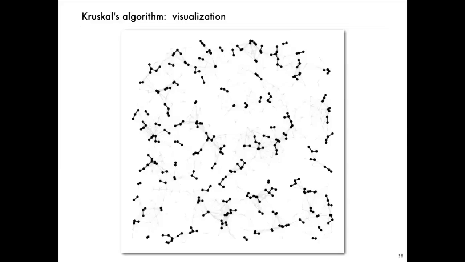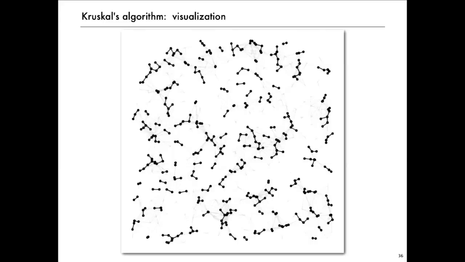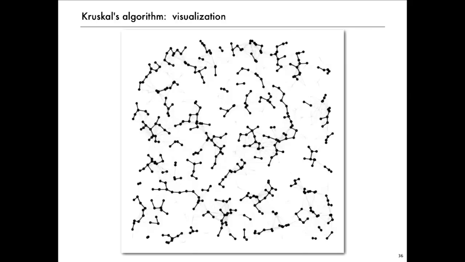And after a while, if you look at the larger clusters, eventually an edge will come that'll connect them together. It's not going to be so easy to see how the algorithm ends. There's some long edge there. That's the longest edge in the MST that'll finally connect the graph.